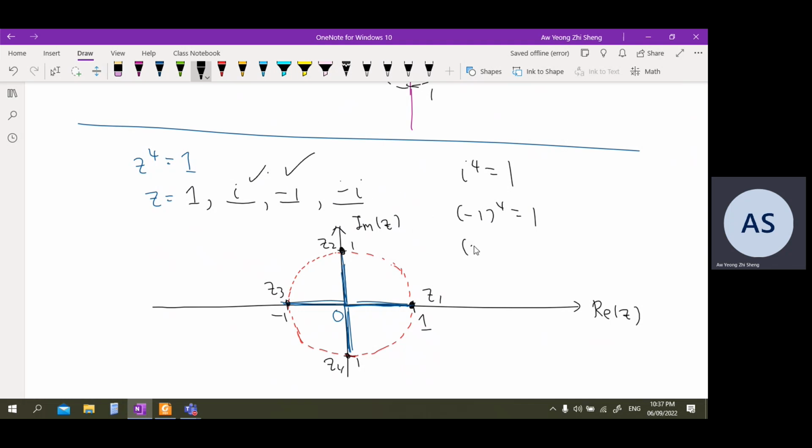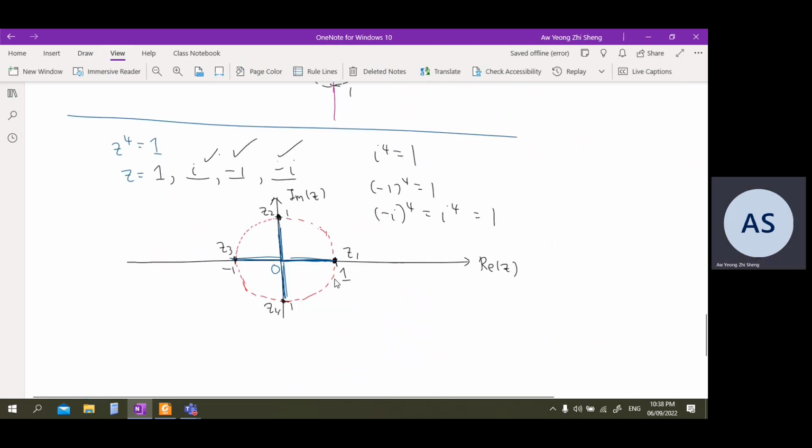And negative I, with a power 4 on the outside, negative I power 4 is just I power 4, because when we have an even power, the negative disappears, and I power 4 is the same as 1. And so again, negative I is another valid solution. And so Z1, Z2, Z3, and Z4 on the diagram are indeed the four fourth roots of unity.